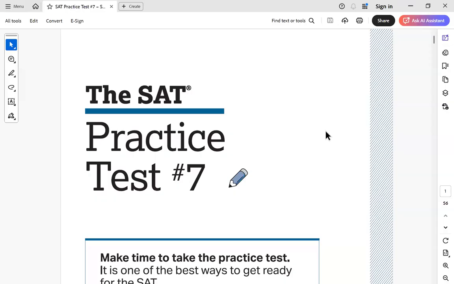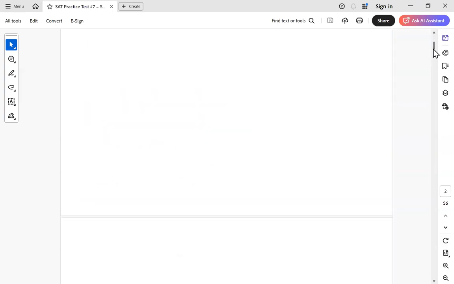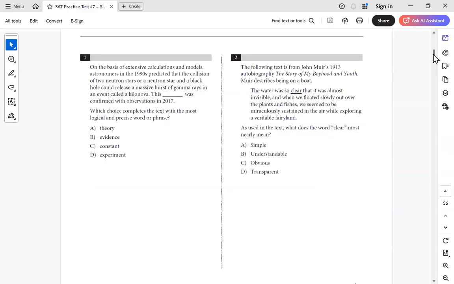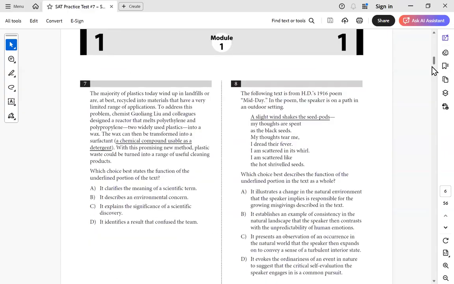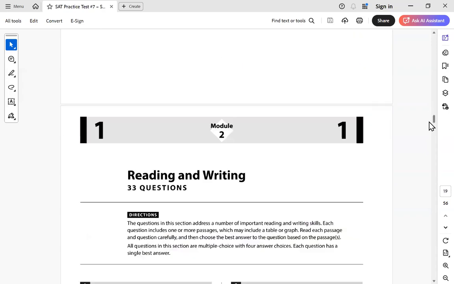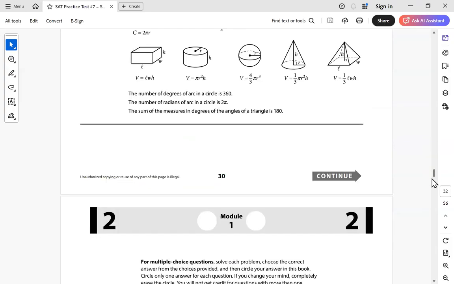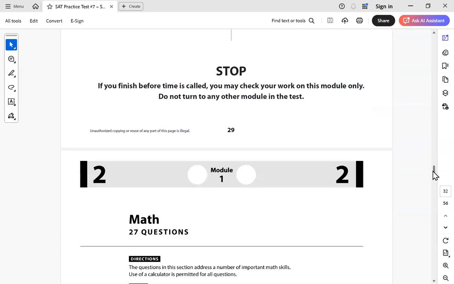Once you download the SAT practice test, it will look like this. It starts out with a reading and writing module, and then it goes on through another reading and writing module, and then you get to the math modules at about page 30.